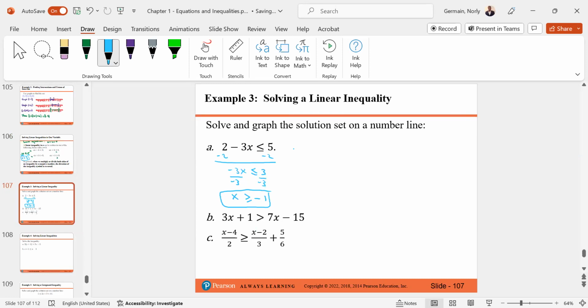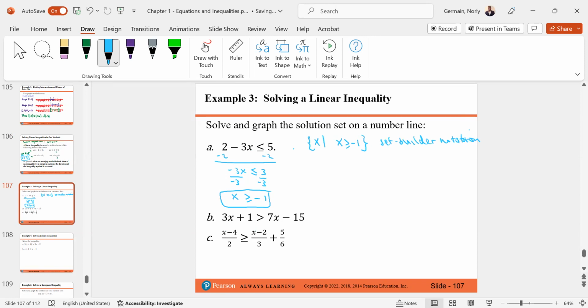So we can express it in set builder notation as x such that x is greater than or equal to -1. That's the same thing in set builder notation. And the interval notation, how are we going to put it in interval notation?